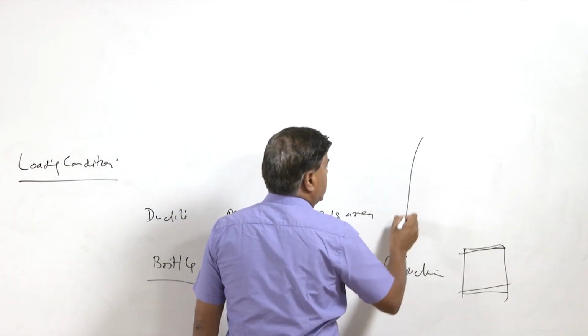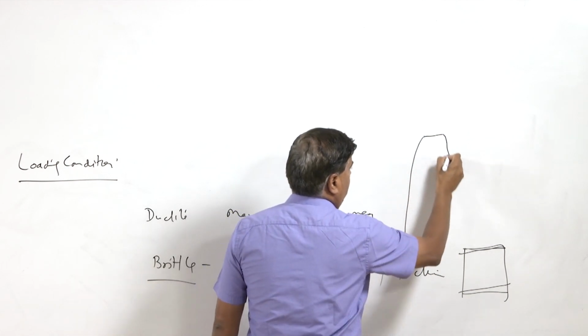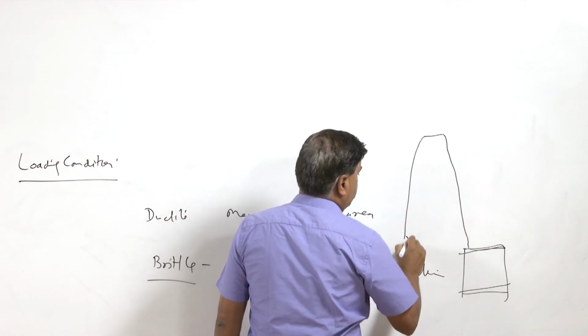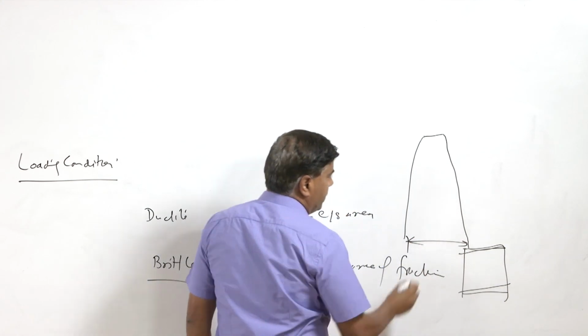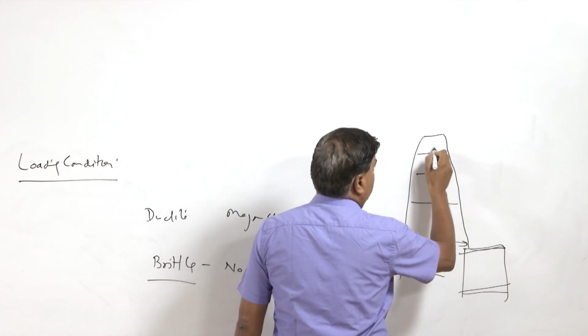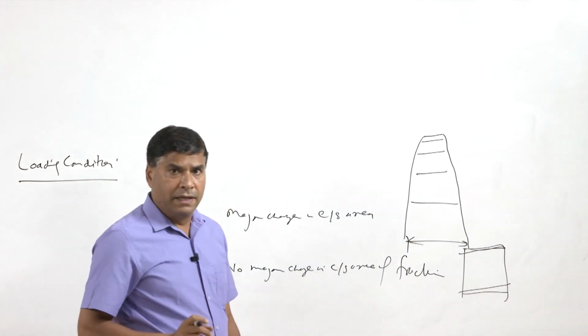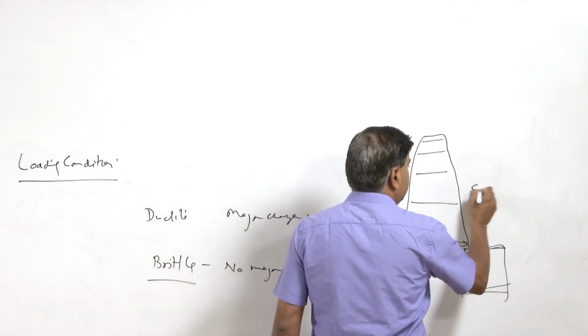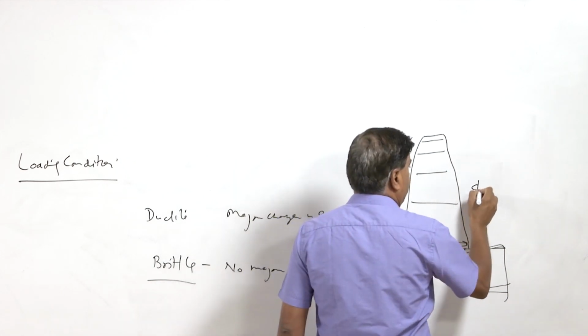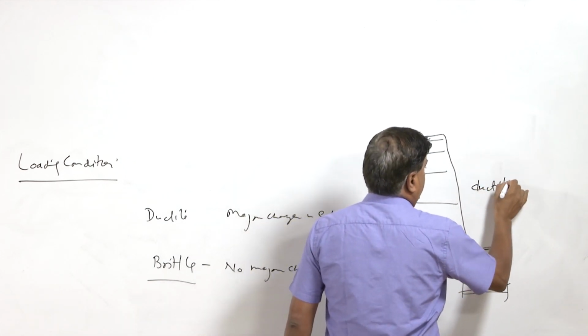So, this may be in this form where there has been a lot of change. This is the initial diameter and there has been reduction in the diameter, and near the fracture surface a significant reduction in the diameter has taken place, indicating that this is a ductile fracture.